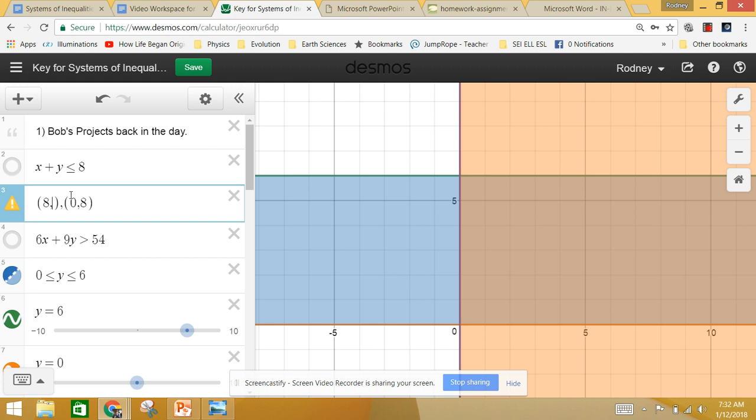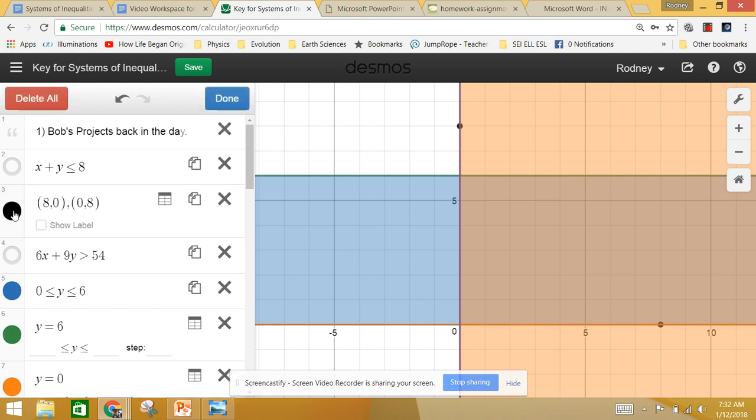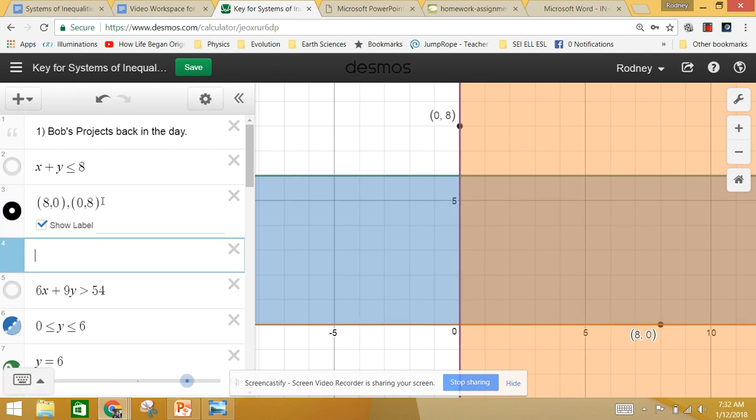So 8, 0. It is a less than or equal to, so those are my locations there. I'm going to make a line that goes through them. So x plus y is less than or equal to 8.